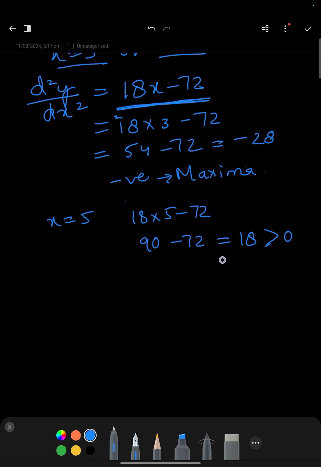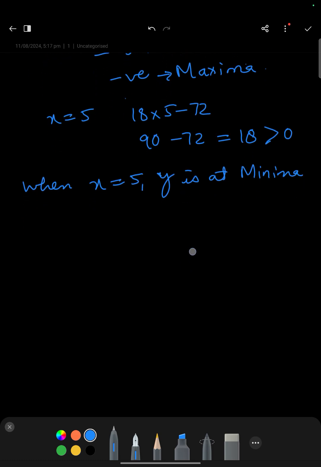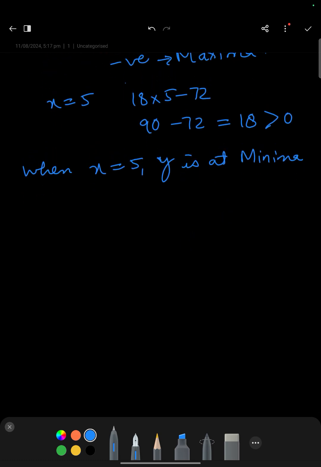So in this case, when x is equal to 5, y is at minima, and this is the case of minima when it is positive. So we conclude that when x is 5, y is at minima, and when x is equal to 3, y is at maxima.